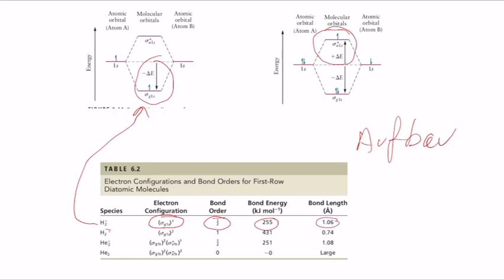When we go to the hydrogen molecule, we see now 2 electrons here, a bond order of 1, much stronger bonding energy, and a shorter bond length. When we go to helium 2 plus, we now have 3 electrons.